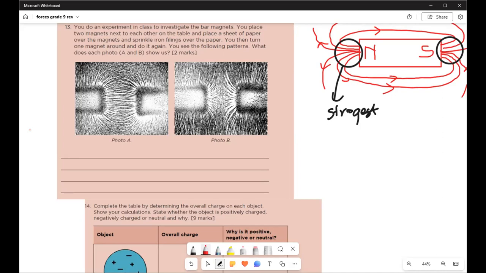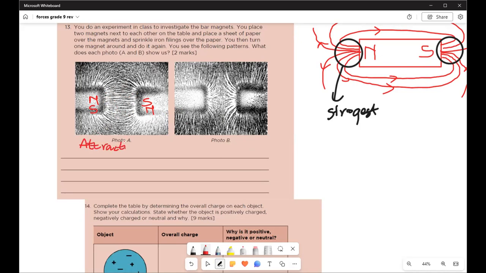On A, you can see that these field lines are joining here. So it's either a north pole here and a south pole there, or a south pole here facing a north pole on that side. So basically photo A represents opposite poles of the magnets faced closer to each other, resulting in attractive force. It represents attraction.